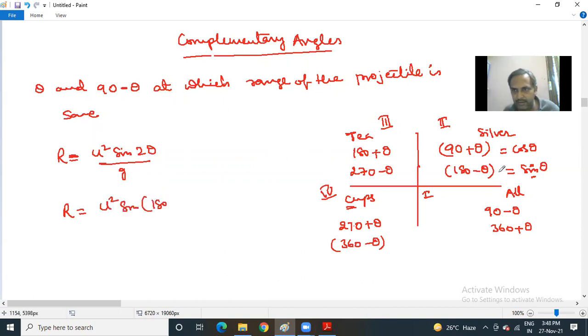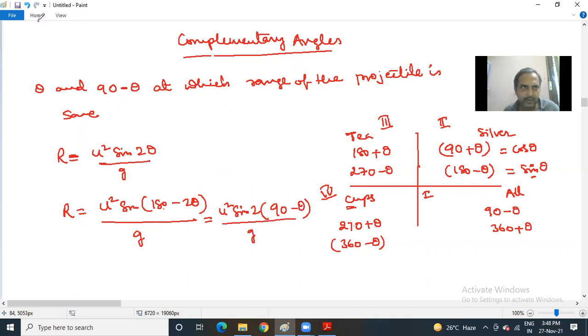In general, sine 180 minus theta is sine theta. Since here you have 2 theta, you write 2 theta. So sine 180 minus 2 theta is also sine 2 theta. So you will get that if you take 2 common here, u square sine 2 into 90 minus theta whole divided by g.